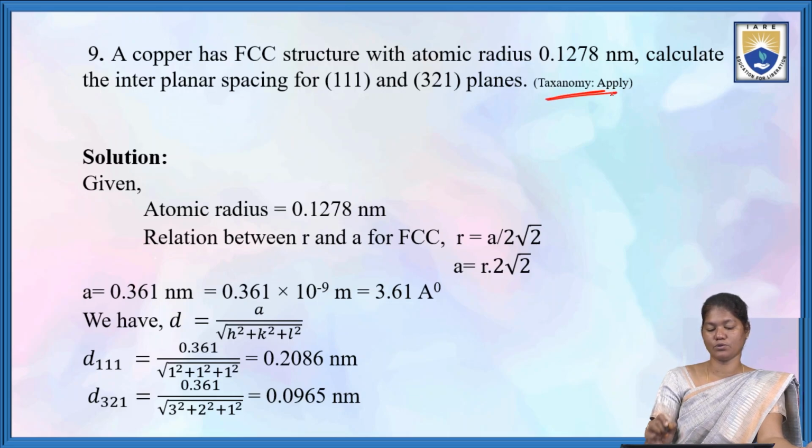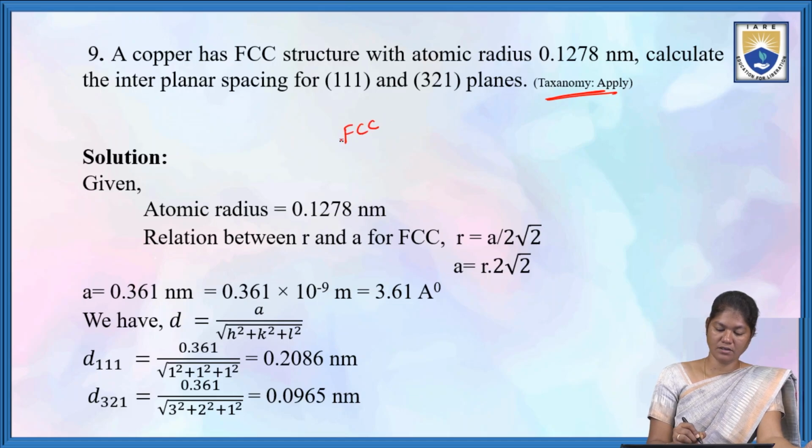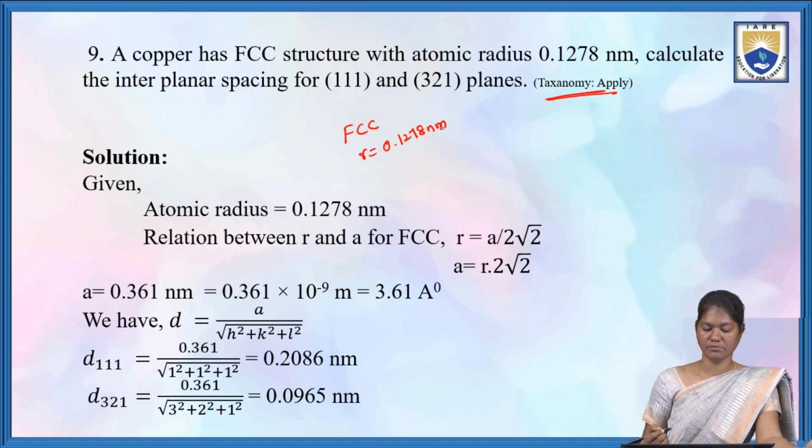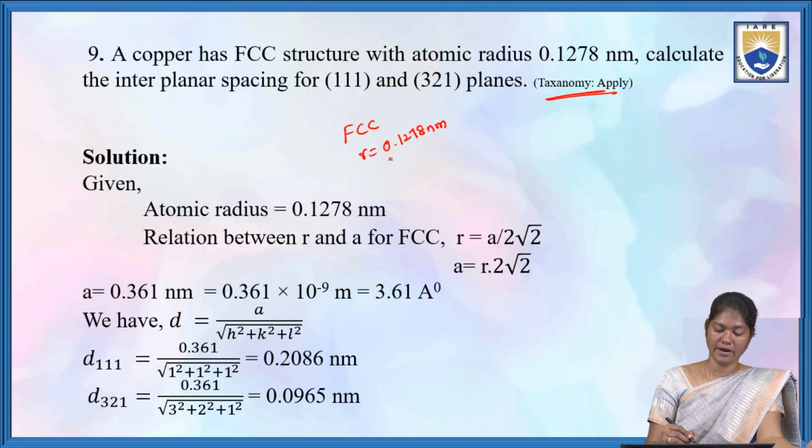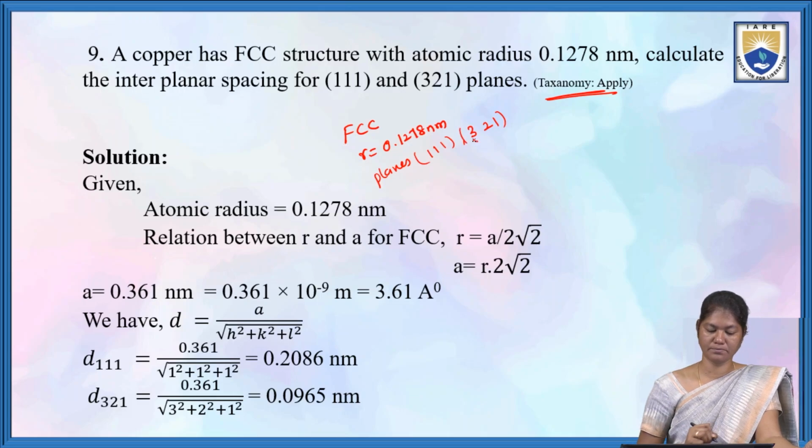So, applying the level of Bloom's taxonomy, the given data is: copper is an FCC structure, that is face centered cubic structure, with atomic radius r equal to 0.1278 nanometers, and the planes are 111 and 321.